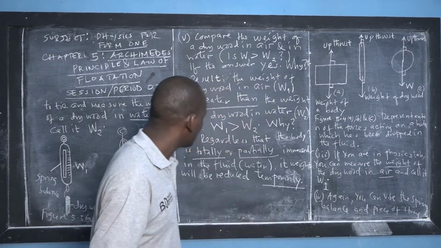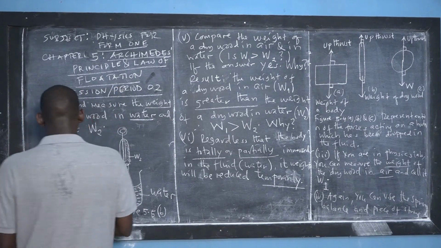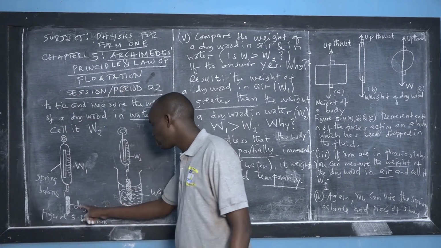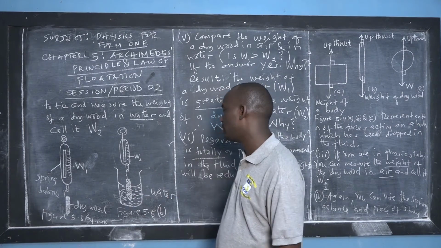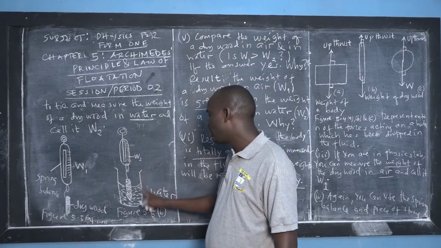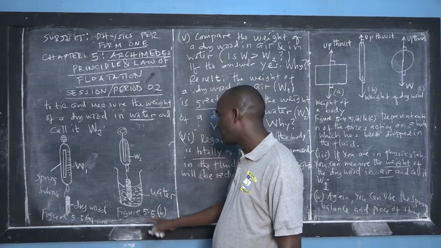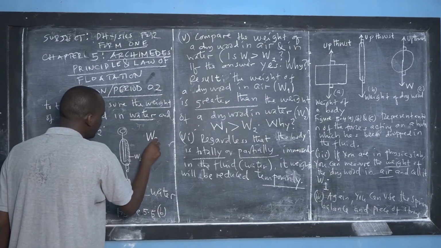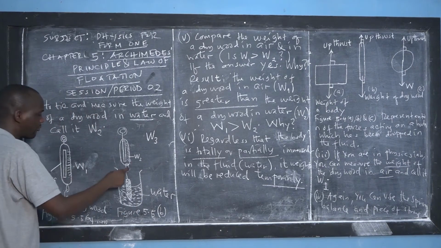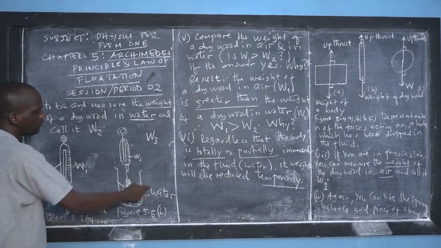What does it mean? Suppose that the weight W1 is the weight of the dry wood in air before it has been dropped in water. And then W2 is the weight of the dry wood after dropping it in water. And then suppose W3 is the weight of the dry wood after you take it out of water.